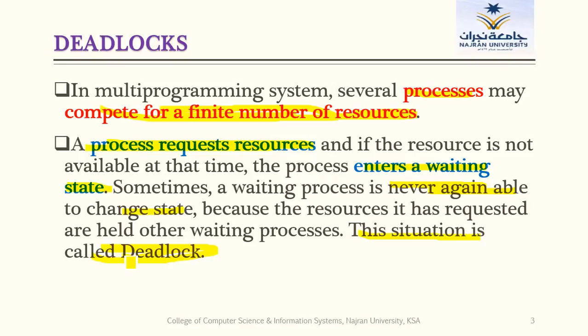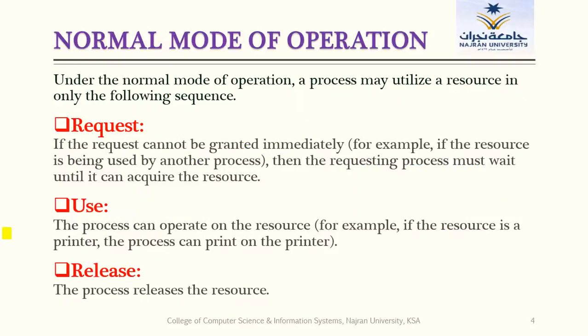Here I have some examples. What is the normal mode of operation? There are 3 steps. If any process needs a resource, first it will request for the resource. Now the system will check the request, whether what he has requested is available or not.